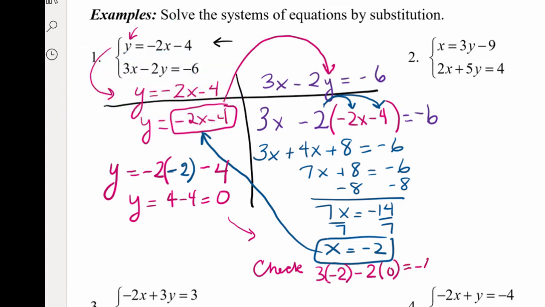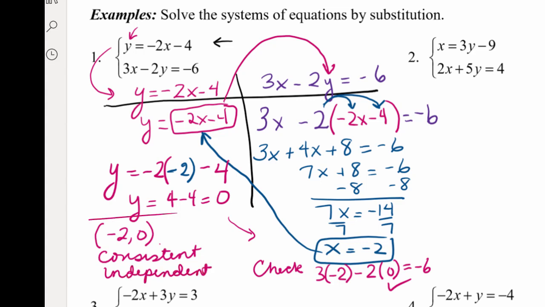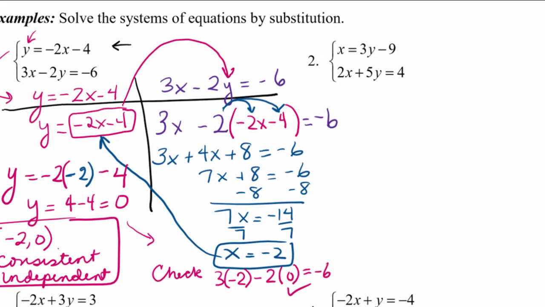And notice that that does give us negative 6 equals negative 6, so that checks. So what did we just find? We found that these two lines meet at the point negative 2, 0. That means we have a consistent system because we have a solution, and the lines are independent. They're not the same line. So we have one point of intersection, which is at the ordered pair negative 2, 0.